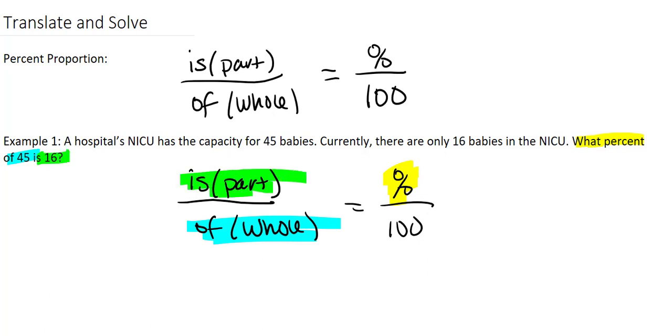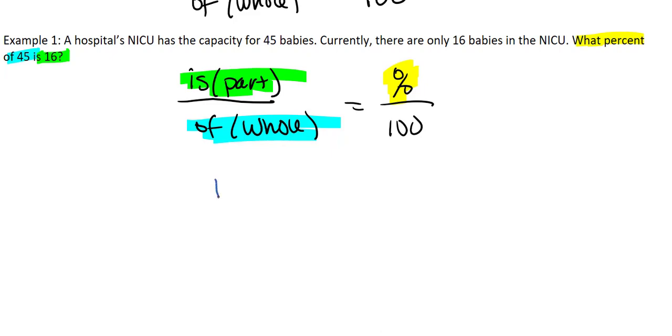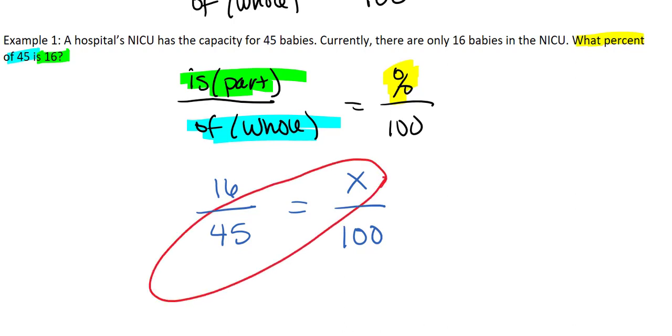So let's go ahead and fill this in. So we have 16 over 45, which is equal to x, because that's our unknown, over 100. Then what we'll do is we just will cross multiply. So we can multiply what's in the red circle right here.